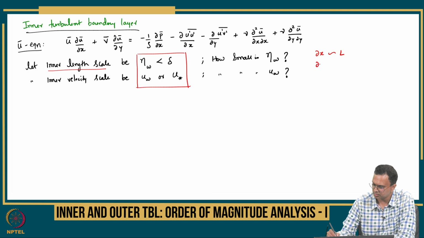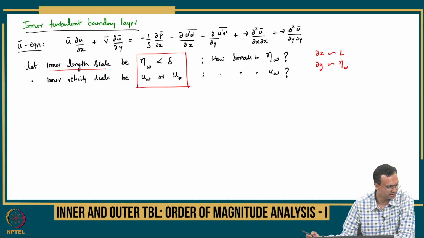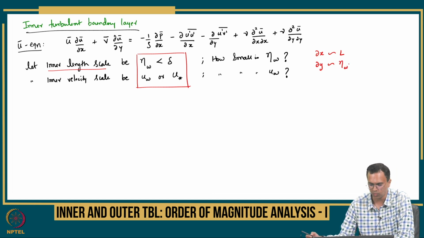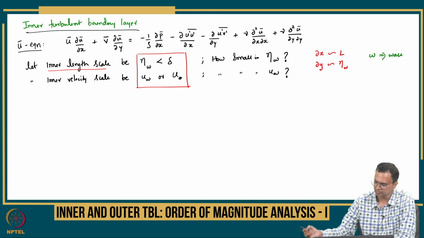So for this I'm going to use eta W, not delta. So I'm choosing a near wall scale. Here W implies wall, near the wall. So the length scale is sorted.